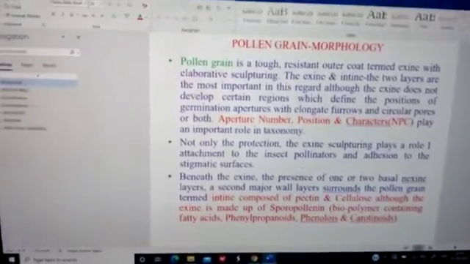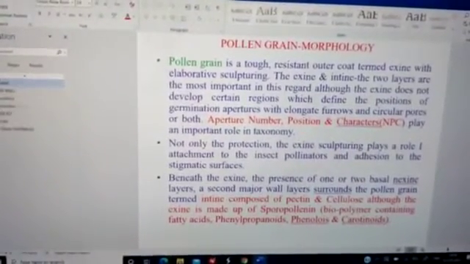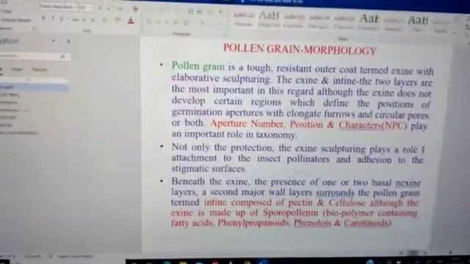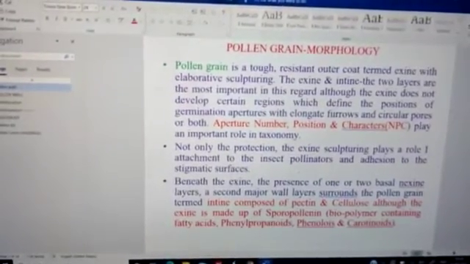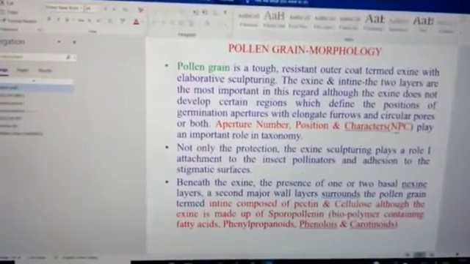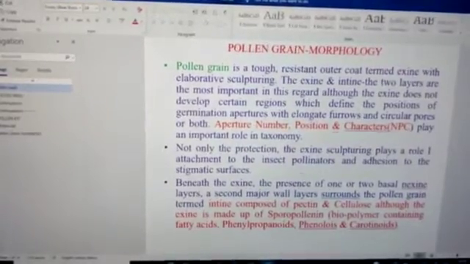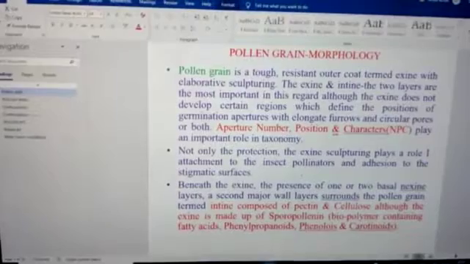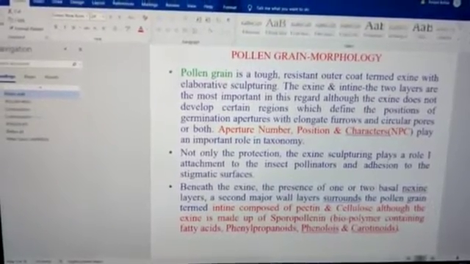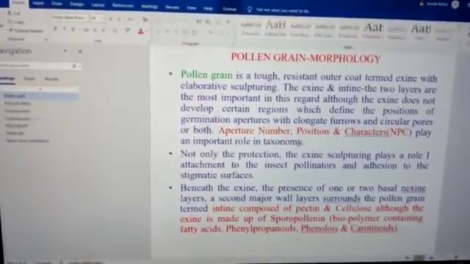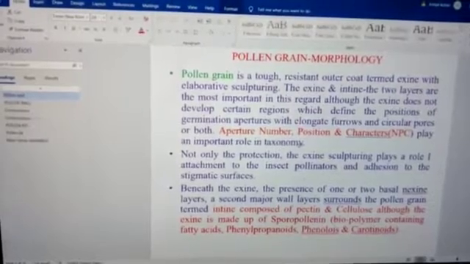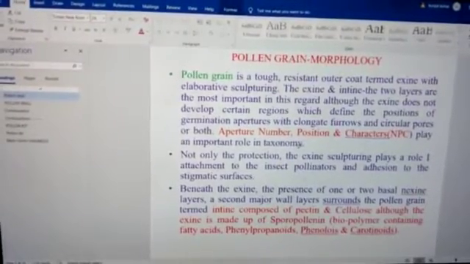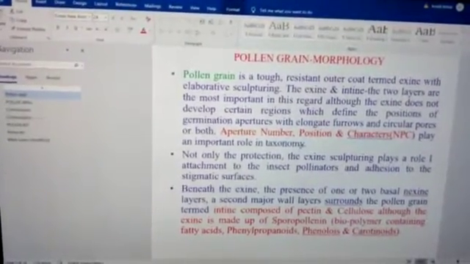The number, position and character of the germ furrows, NPC, play an important role in taxonomy. So what are germ pores? Germ pores are the apertures through which the pollen tube emerges when the pollen germinates.